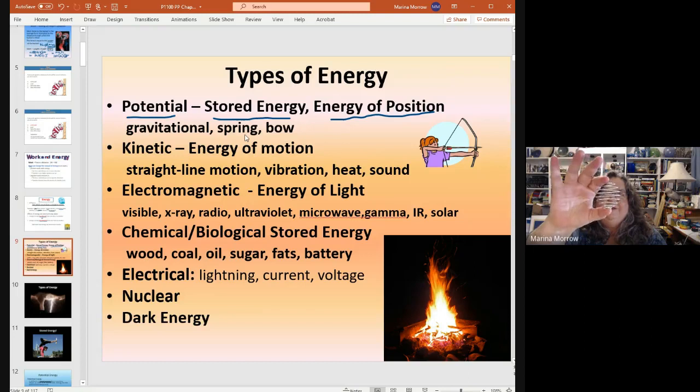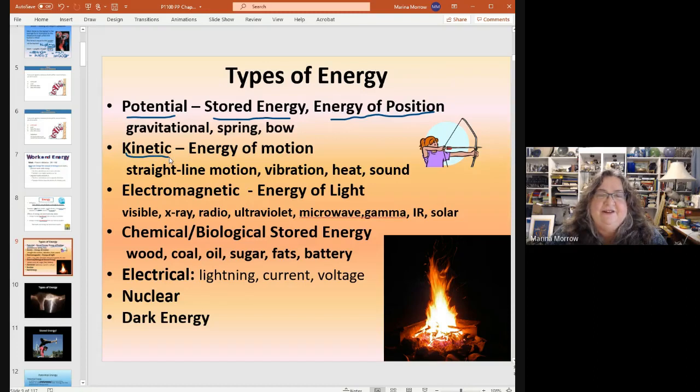So then it can push my fingers up afterwards, right? So a spring can store energy by its position, by the shape that it's in. And then gravitational, you lift something up, you're giving it gravitational energy. And so those are some types of potential energy.